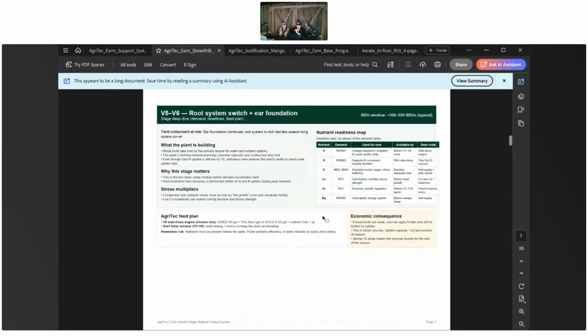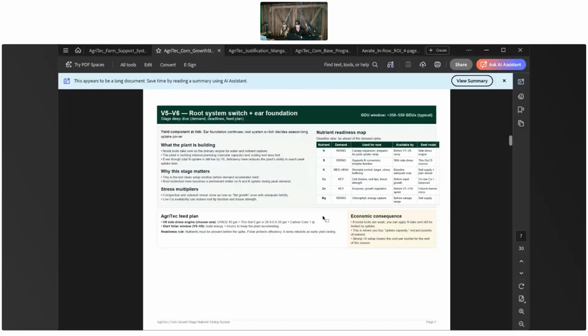Exactly. So moving on to V5, V6, right? We're sitting now about a foot and a half out of the ground or so. About knee high. It's always knee high. Then your nitrogen usage is starting to come up. Why? Because the amount of energy the plant needs is continuously increasing.